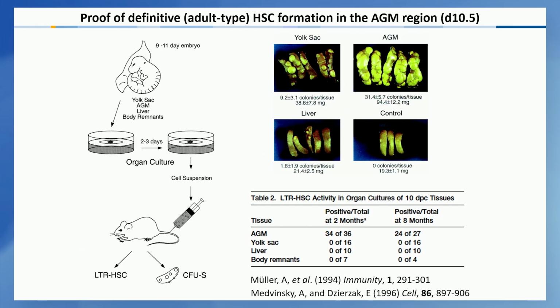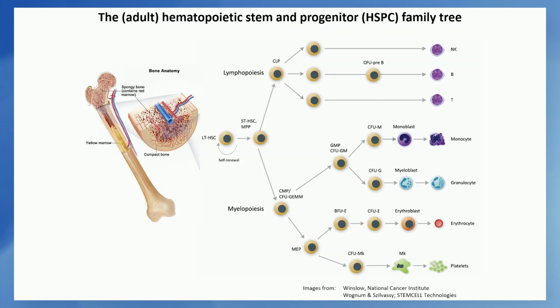The liver is not a de novo hematopoietic stem cell forming organ. The liver is just a place where they expand, and body remnants also. So the AGM is the very first place where adult type hematopoietic stem cells are being formed.